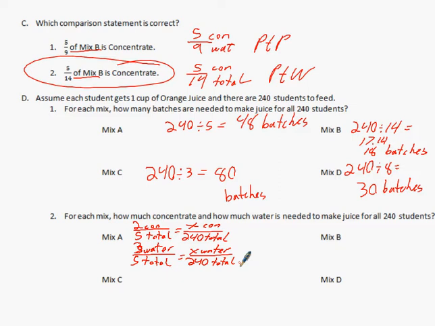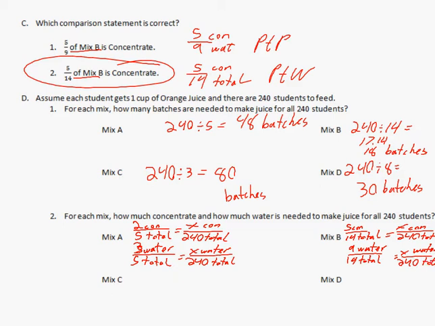So mix B, we know 5 is concentrate over 14 total, and then 9 water over 14 total. Other side of the proportion, same as over here, x con over 240 total, x water over 240 total.